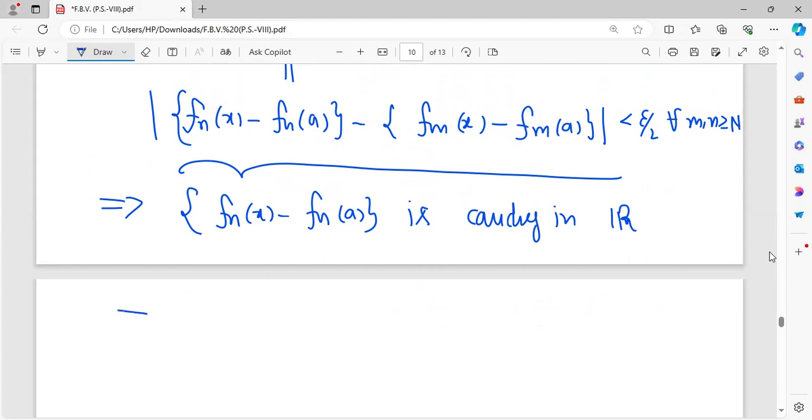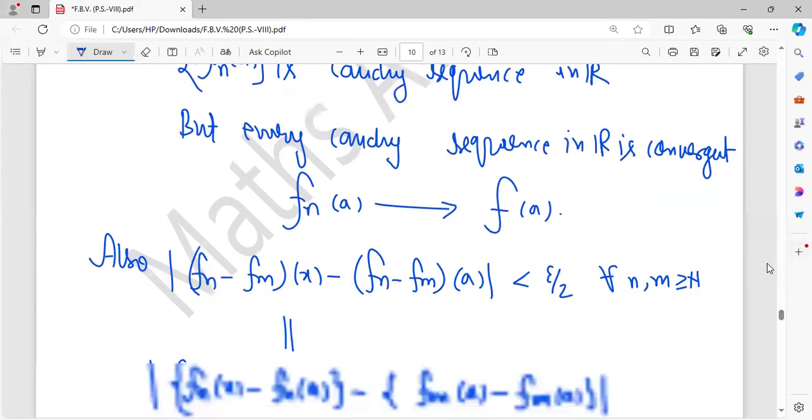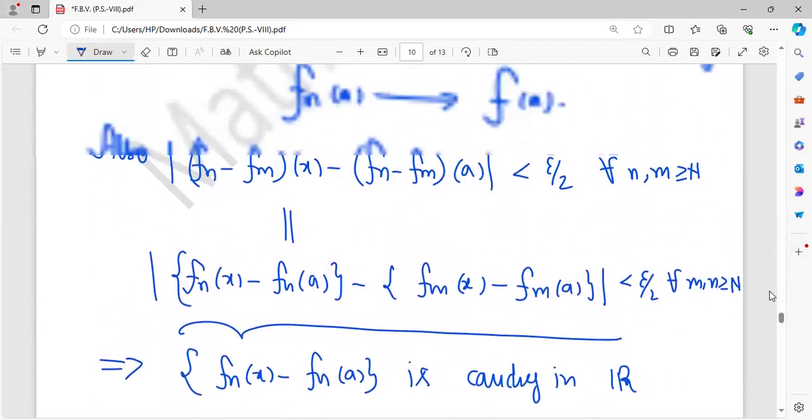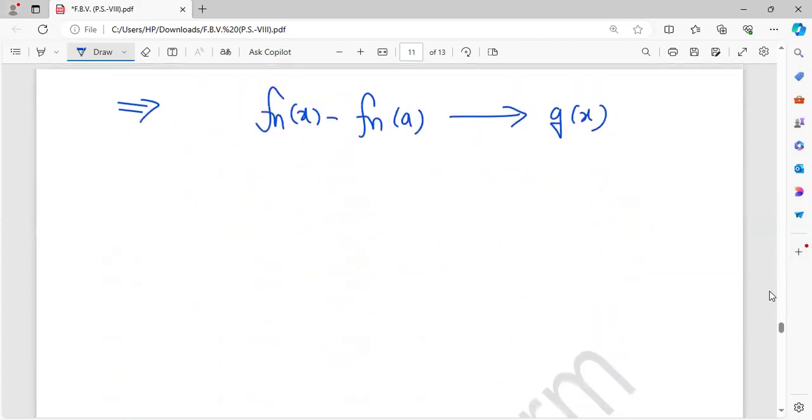So this implies f_n(x) minus f_n(a) is converging to some g(x). So this is converging to g.